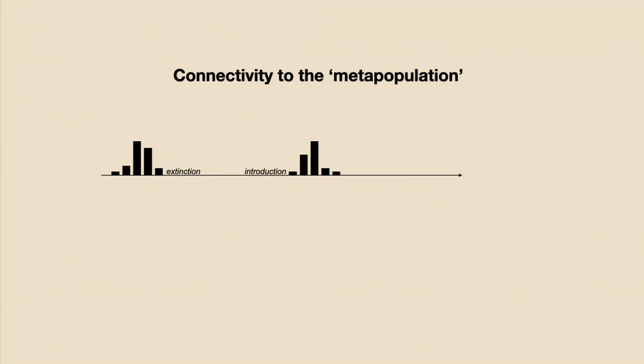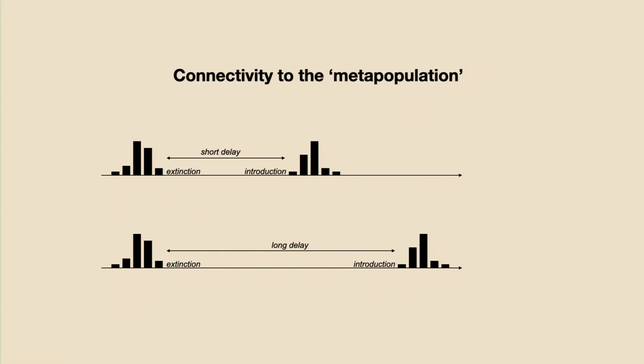But there's another piece of information there, which is that if the length of this period of time had been longer, that suggests that you're living in a more remote location, because it's taken longer for someone to turn up and give your child measles. And you can actually use these waiting times to reintroduction to estimate how connected every city is to the overall population from the perspective of the pathogen.